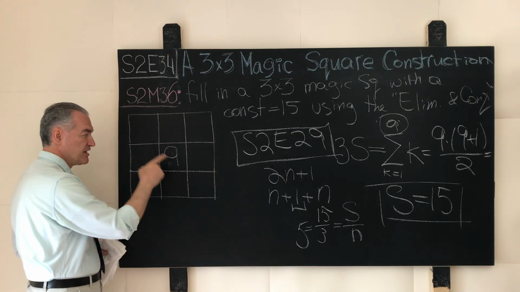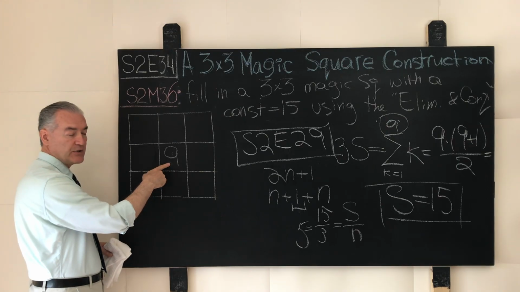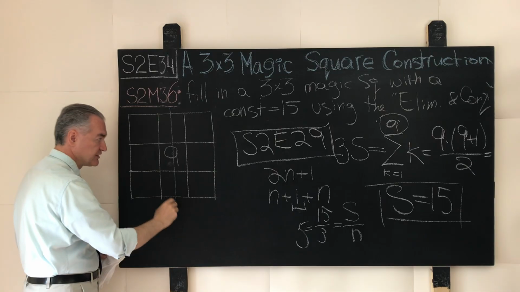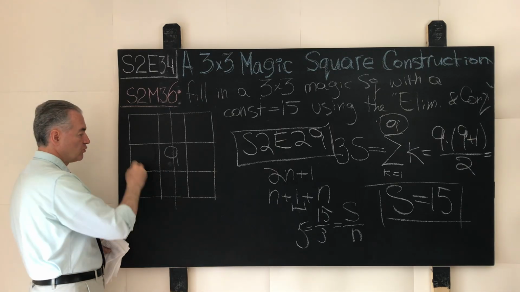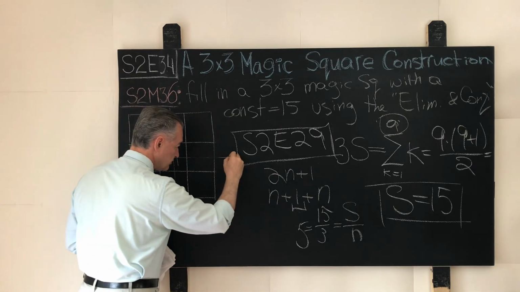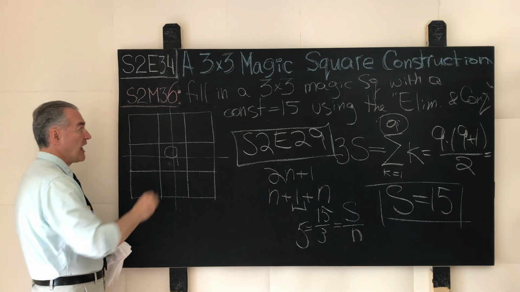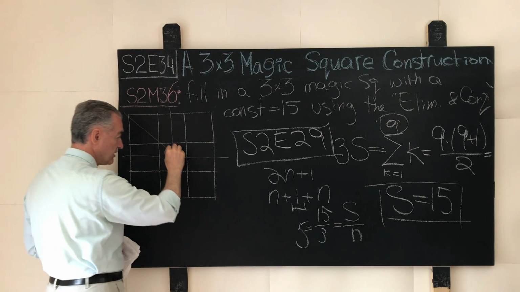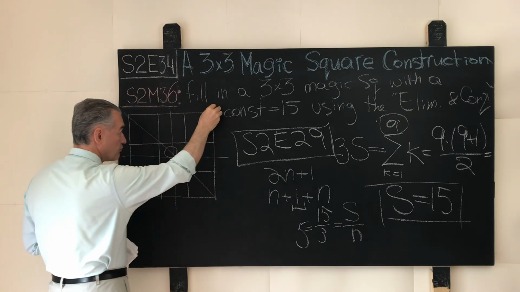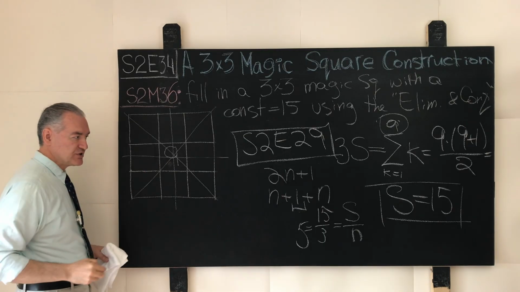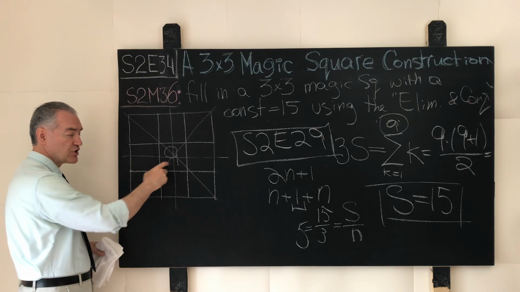That means that this number will participate in how many sums? Well, it will participate in the vertical sum of the central column. It will participate in the horizontal sum of the central row, and it will participate in the sums of both diagonals.